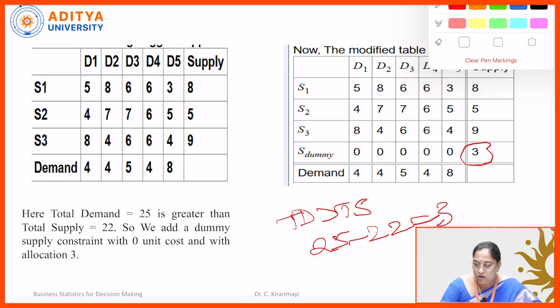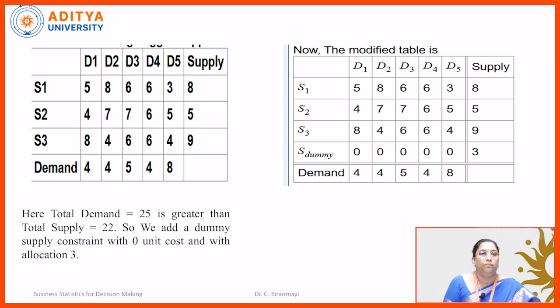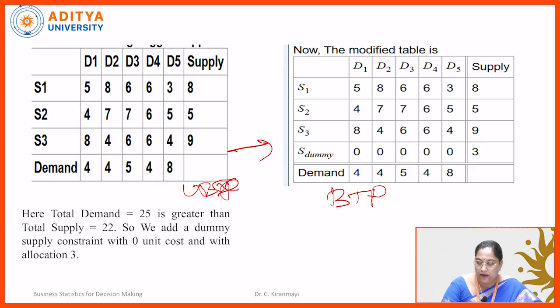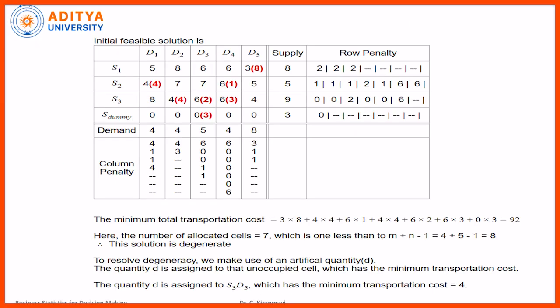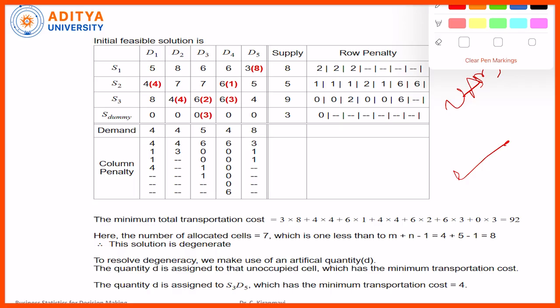This is how we can transform an unbalanced transportation problem into a balanced one. After this, the next step is to find the IBFS. Here we have a solution, the IBFS, obtained using the VAM technique, Vogel's approximation method. This is the initial basic feasible solution which was obtained.